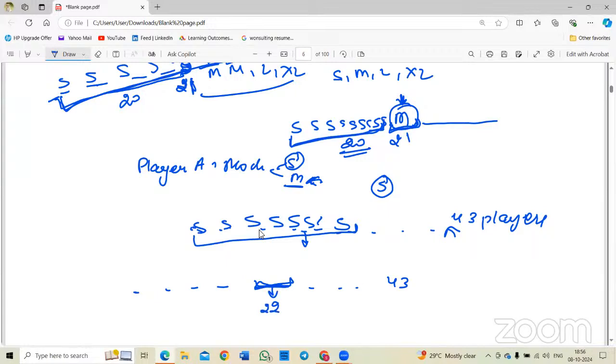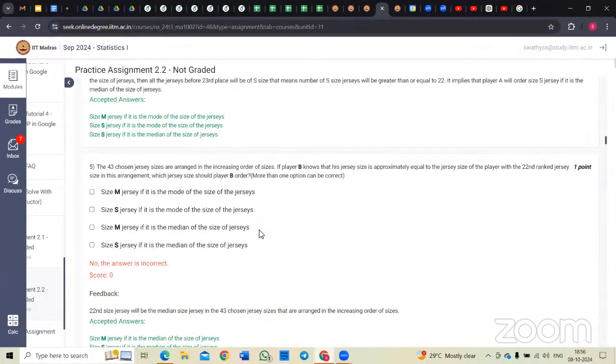Yes, ma'am. So it is saying that if player B knows that his jersey size is approximately equal to the jersey size of the player with 22nd rank, and 22nd rank is the median. If it is the mode of the size, this option is wrong because we are choosing the median only, correct?